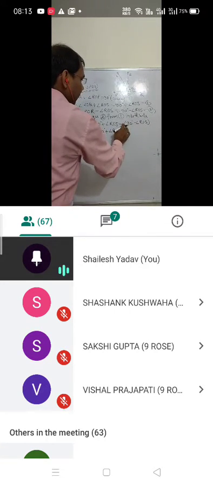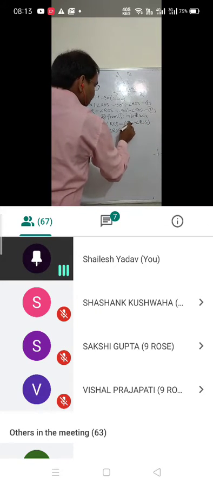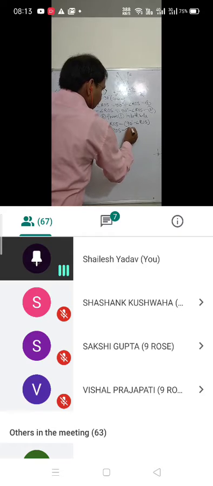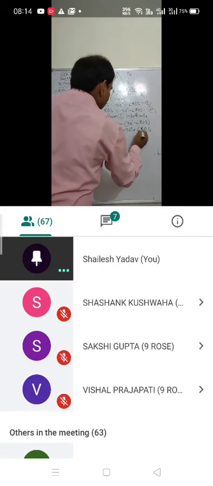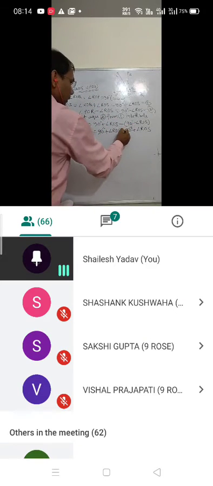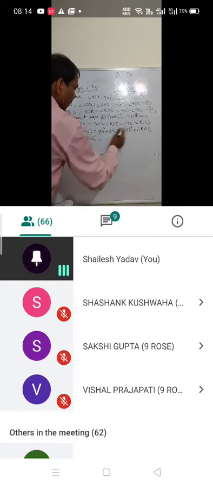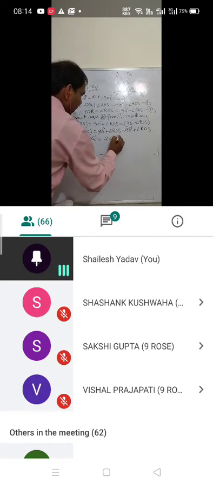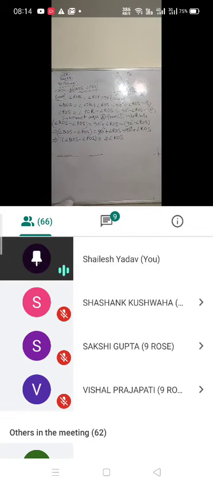If you open the bracket with a negative sign before it, the signs change: plus 90 becomes minus 90, and minus angle ROS becomes plus angle ROS. Now 90 degrees and minus 90 degrees cancel, so angle QOS minus angle POS equals angle ROS plus angle ROS, that is 2 angle ROS.